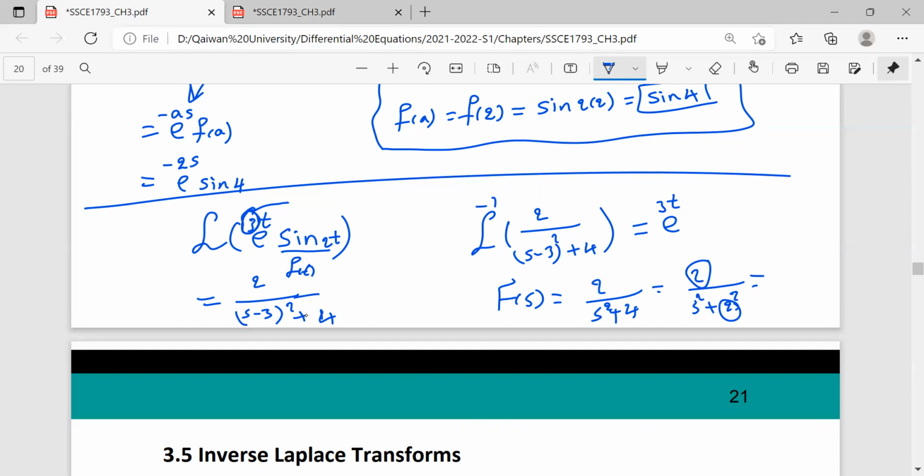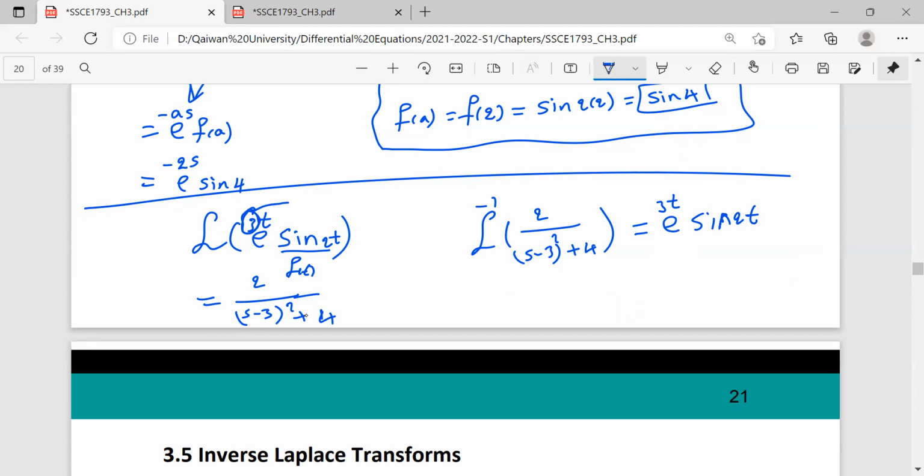And so the Laplace inverse of this is sine 2t. So the Laplace inverse for 2 over s minus 3 squared plus 4 equals e to the power 3t sine 2t.